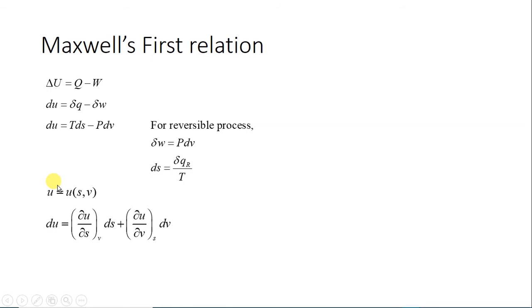So du is equal to dou u by dou s, when volume is constant, ds, plus dou u by dou v, when the first variable entropy is constant, into dv.